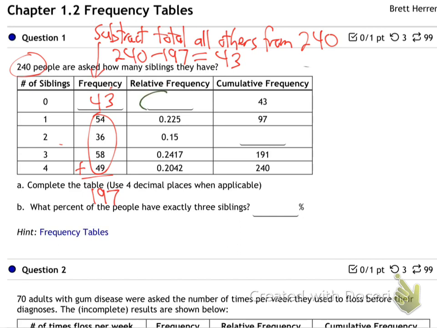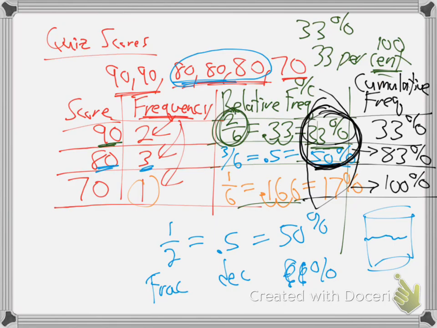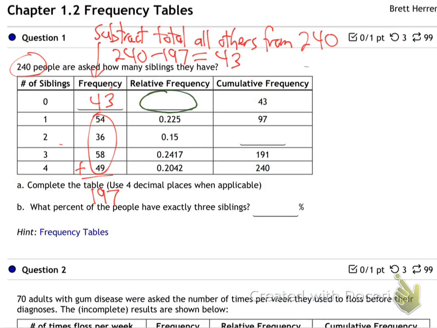All right, how about the next spot? How are we going to figure out relative frequency right there? Yeah, right, because remember what we did over here? We just kept dividing them by 6, because that was the total number of tests. So I'm going to do the same thing here. I'm going to take 43 divided by 240.